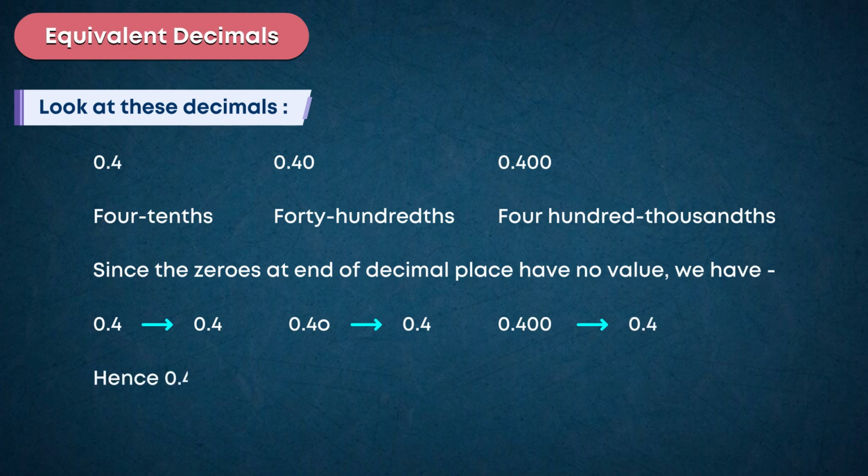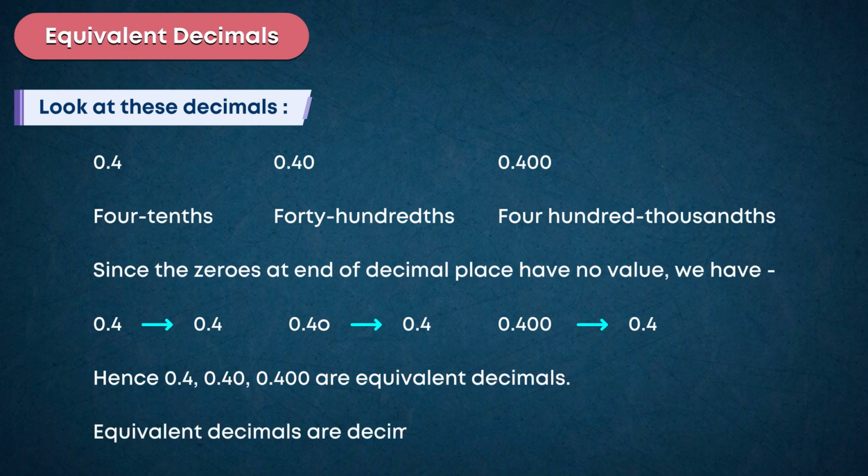Hence 0.4, 0.40, and 0.400 are equivalent decimals. Equivalent decimals are decimals which have the same value.